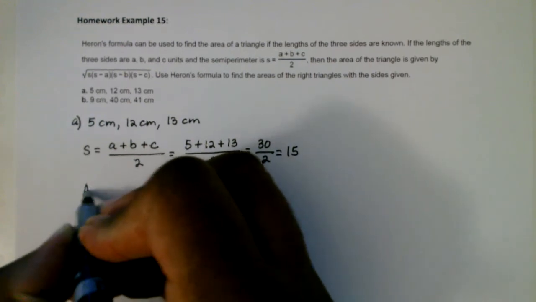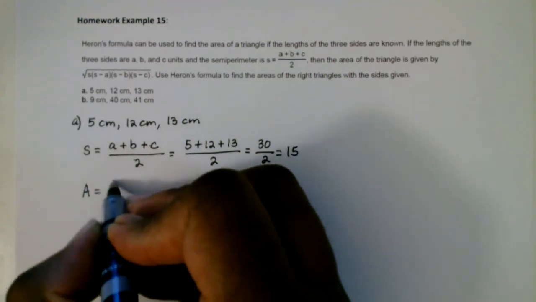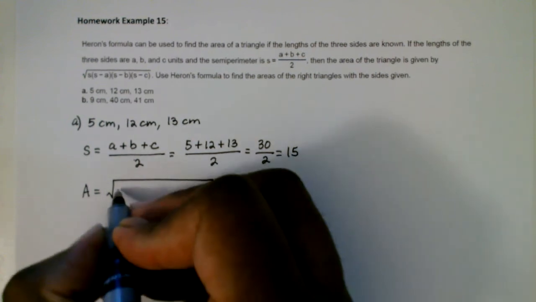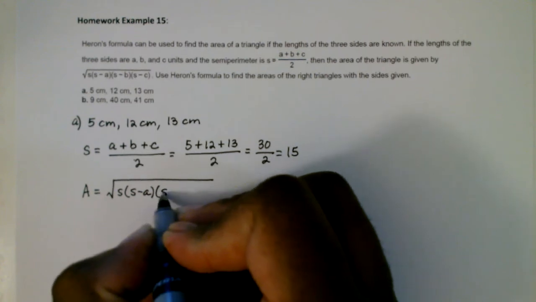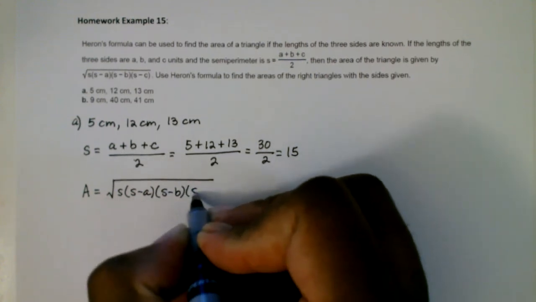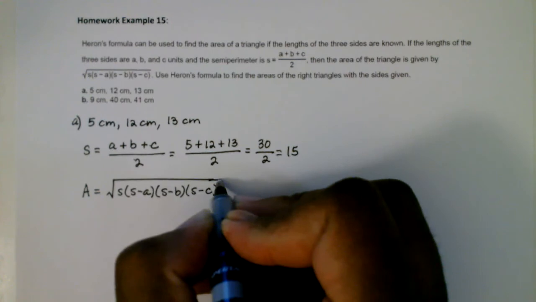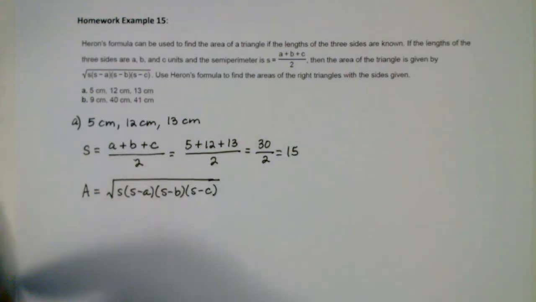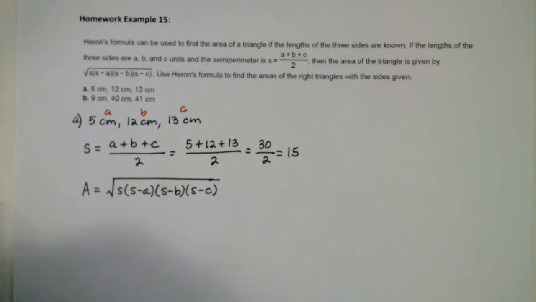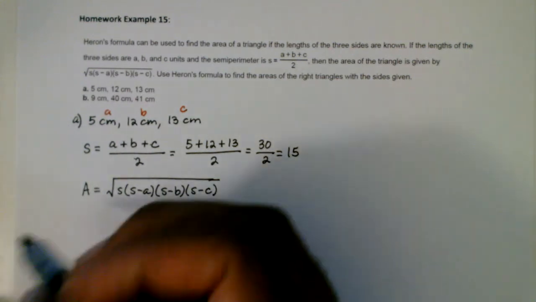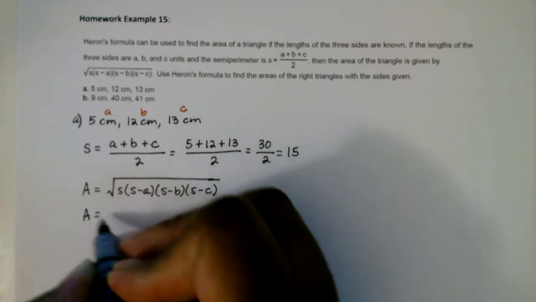Okay. So the area of the triangle, I'm going to label that as A. That's going to be equal to the square root of S times S minus the first length times S minus the second length times S minus the third length. Okay, so in this case here, the 5 would be A, the 12 will be B, 13 will be C. And I'm going to substitute into this formula, Heron's formula.